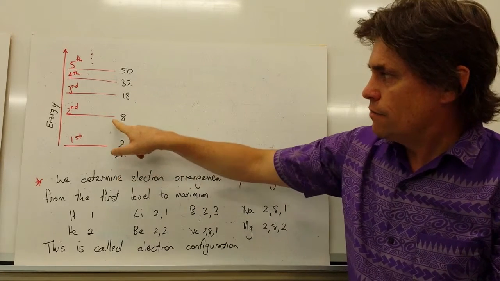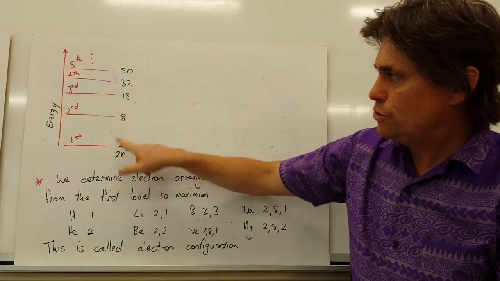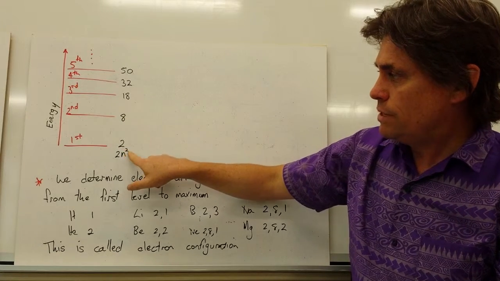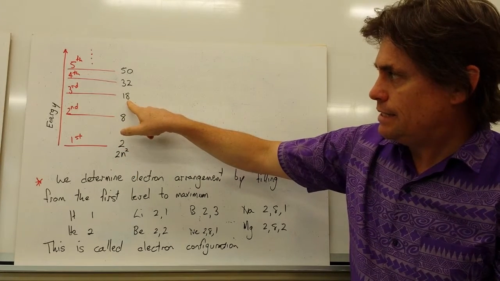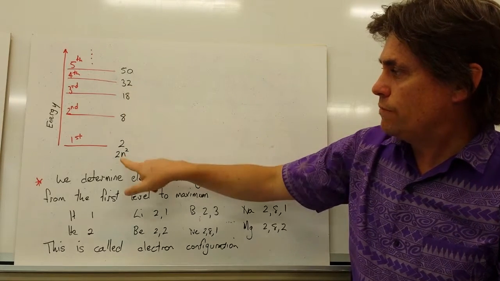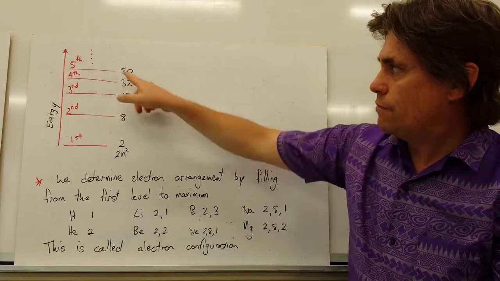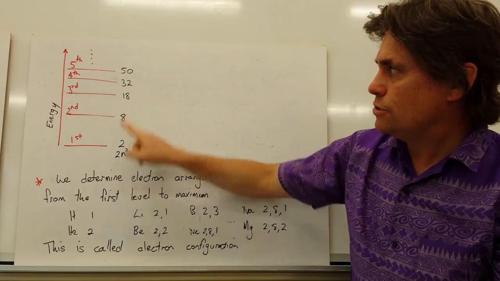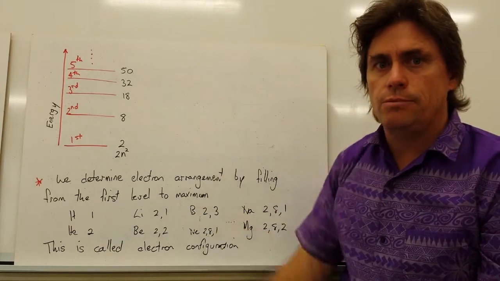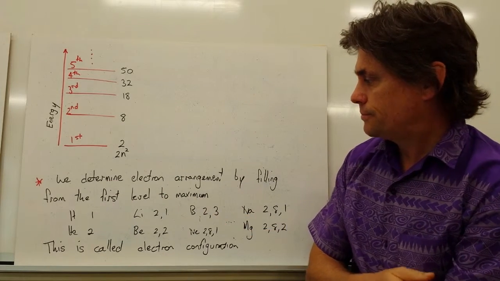For our second energy level, 2 squared times 2 gives us 8 maximum electrons. The third level, 3 squared times 2 gives us 18 maximum electrons. Where n is 4, 4 squared is 16, times 2 gives us 32. And for our fifth level, 5 squared times 2 gives us 50 electrons maximum. And we can keep moving out theoretically to a very large number.